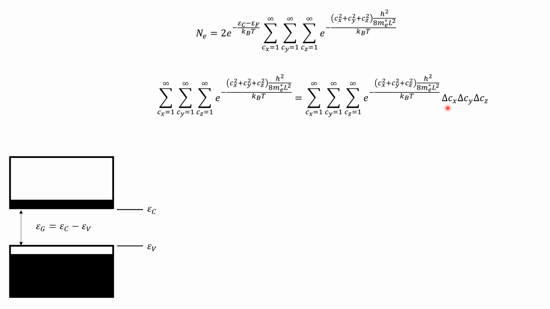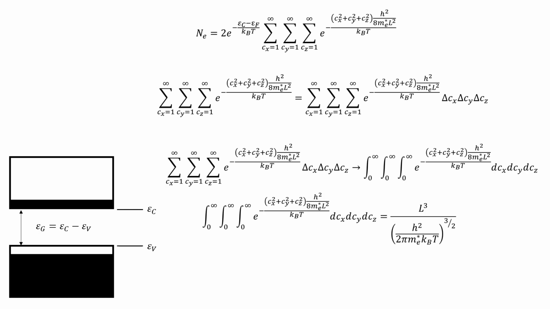But if we can treat these terms as infinitesimal steps, this is essentially a Riemann sum. So we can readily turn it into an integral. So we can replace the Riemann sum with its integral version, and then all we need to do is to look up at the table to solve the integral. So I'm just going to quote the result here. You can check this for yourself looking at an integral table.